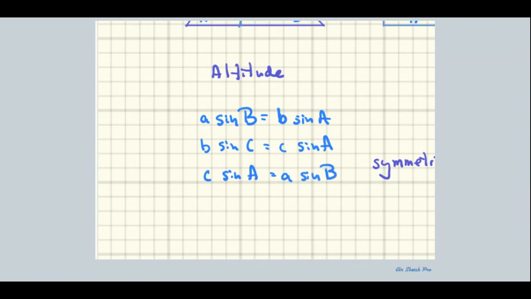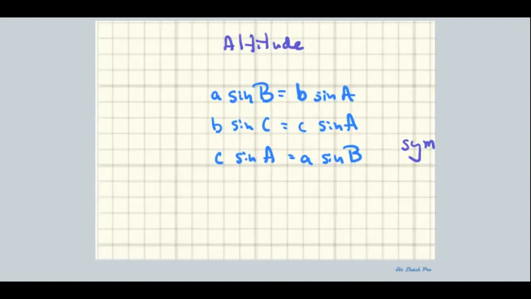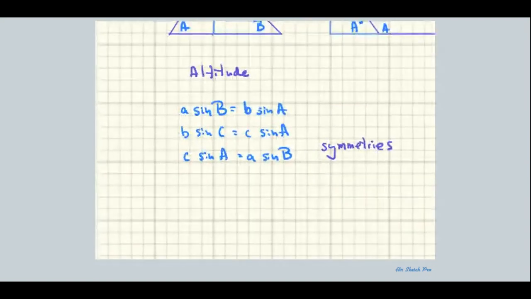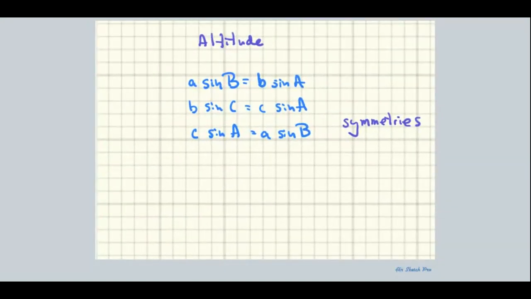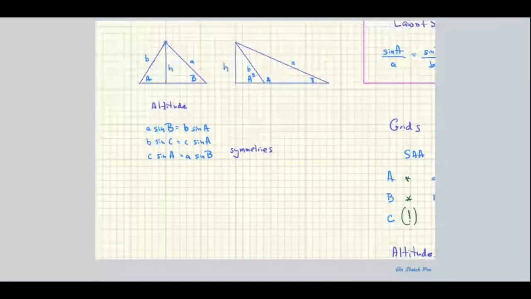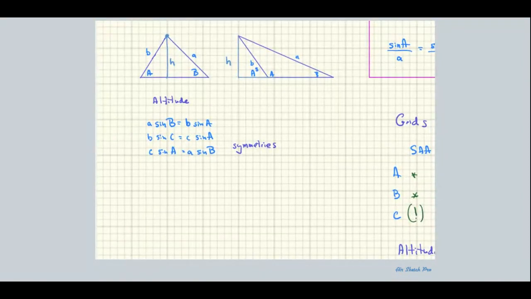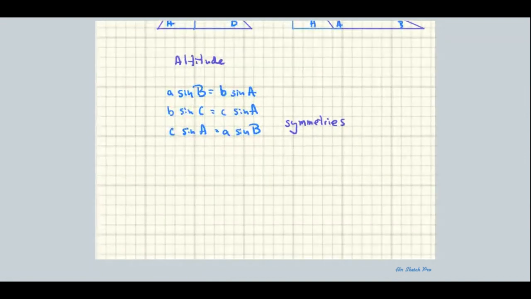Okay, and this is the form that you actually use it in. By the way, this is the altitude form for the sines. But there's a really pretty presentation on it that's called the triple equality, the triple form.